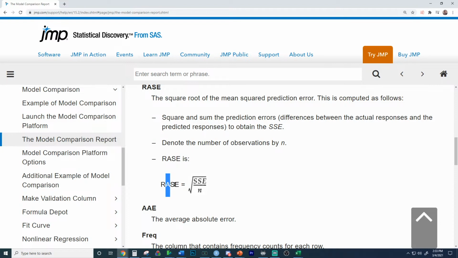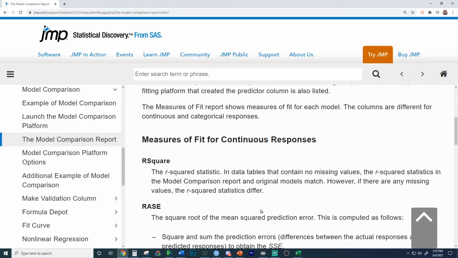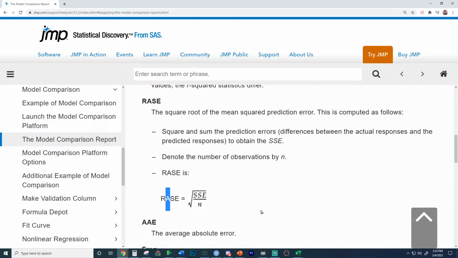Because you're averaging it. I think it is, because here's the error. Oh, I bet you're right. Why are people calling it RASE? Just call it RMSE. Why are they doing that? I think you're right. I think it's average, because absolute didn't make sense to me.